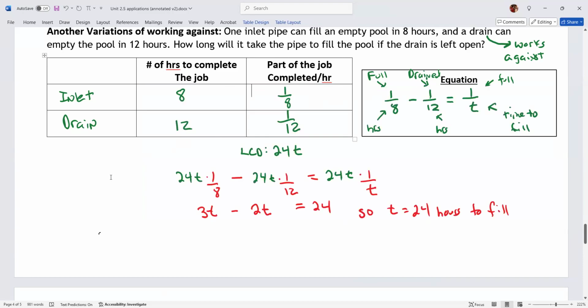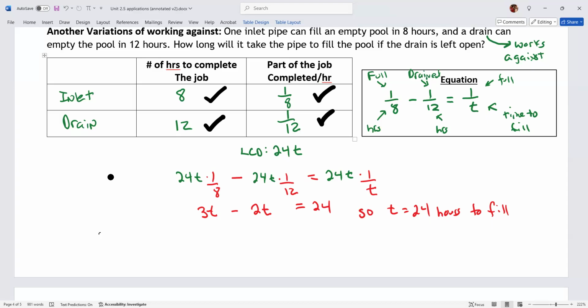So if you fill in your little table and write the equation, we can see again the number of hours to complete the job. It can fill it in 8. It can drain it in 12. That means the rates, the part of the job completed per hour, to fill it is 1 over 8, one full pool in 8 hours. And the drain is one full pool drained to empty in 12 hours.